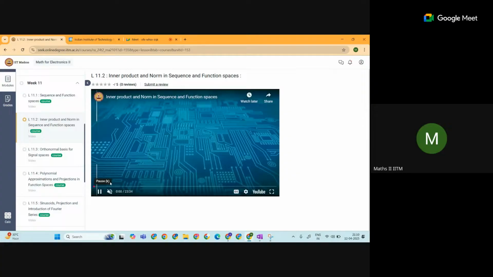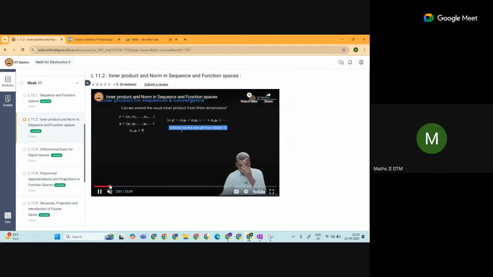Sequence space means convergent sequences. We are going to think about a sequence which is convergent, not only a series, but a convergent series. Then that is going to be your sequence space.